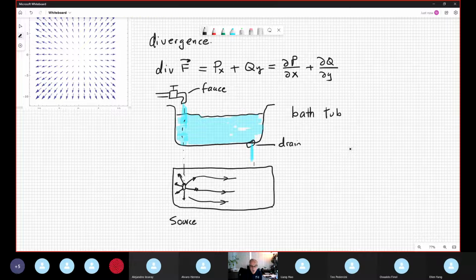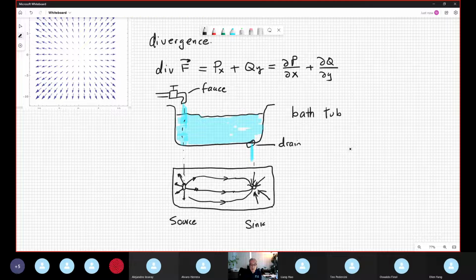And I open the drain. Well, the drain looks like a sink. The streamline of the water is coming in this direction: source and sink. Similar idea, it's another example.